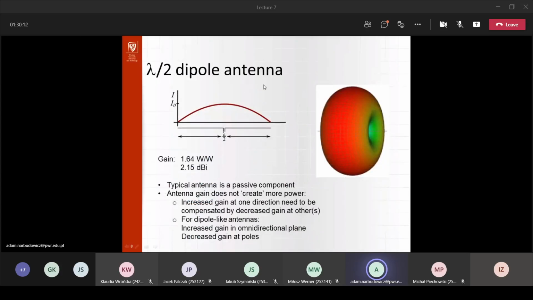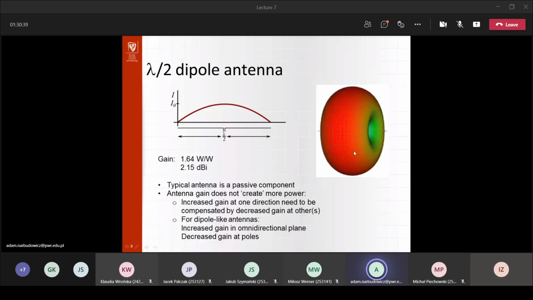And again, just as an example, probably the most classical antenna type is called the half wavelength dipole antenna, which is basically two pieces of wire, each a quarter wavelength long, forming one half a wavelength in total.